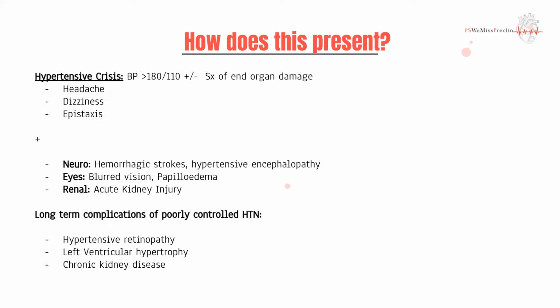Now, if the aorta is facing a lot of resistance, or your left ventricle, which pumps blood into the aorta, is facing a lot of resistance because of that high pressure, it's going to try to overcome that by becoming larger in size. And that's where you end up with left ventricular hypertrophy. You can also end up with hypertensive retinopathy, which is just a complication of the retinal damage that I talked about with the acute eye complications.